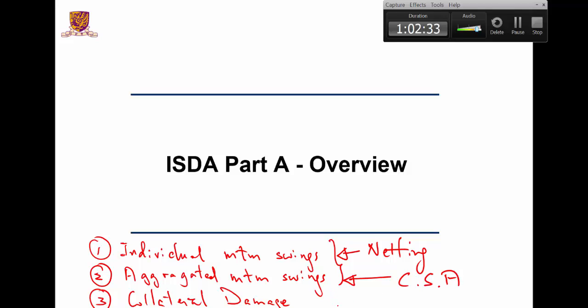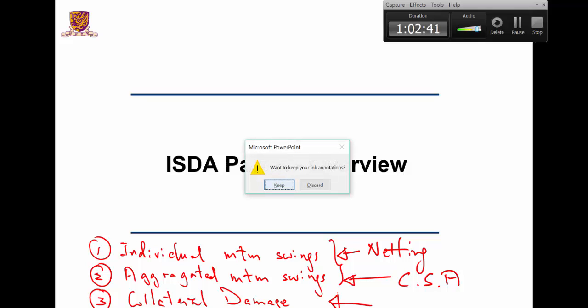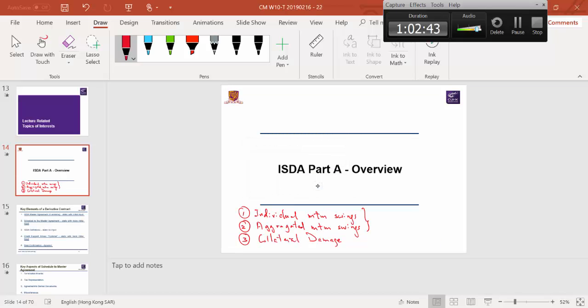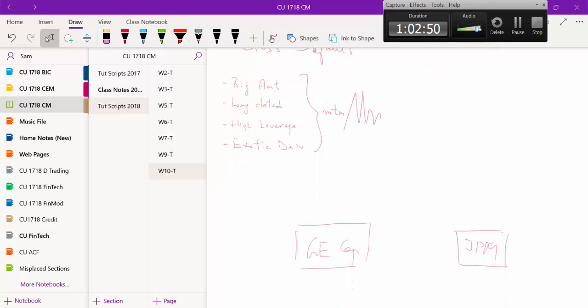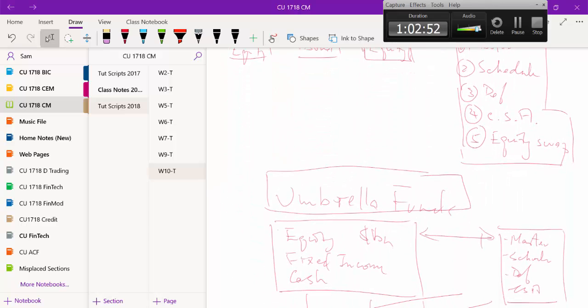Now I'm going to talk about problem number 3, which is what I call collateral damage. You're not going to find that in textbooks. It's just how I'm describing it. Now, what do I mean by collateral damage? In military circles, the term collateral damage has some meaning.